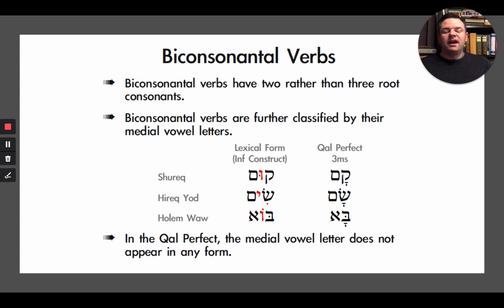But when they're being conjugated, when we see them in all of their forms, we're going to see that middle letter from the lexical form not present, not there.